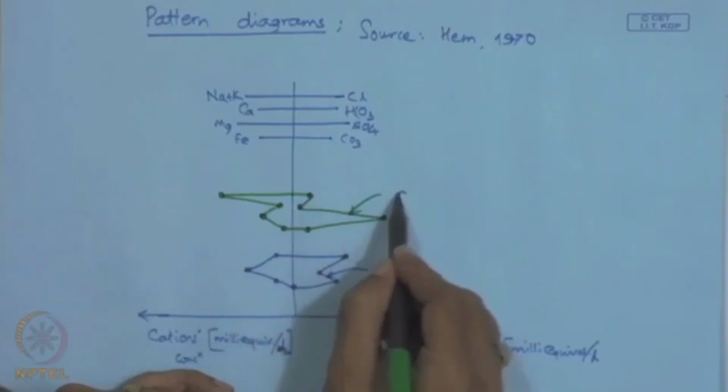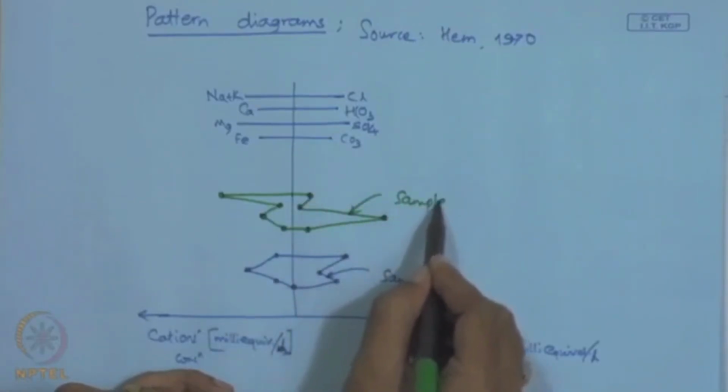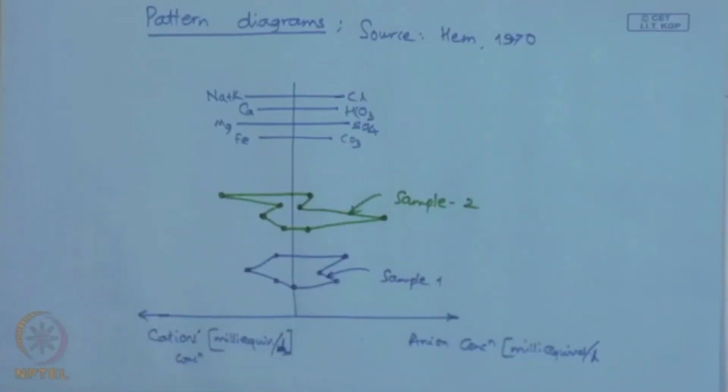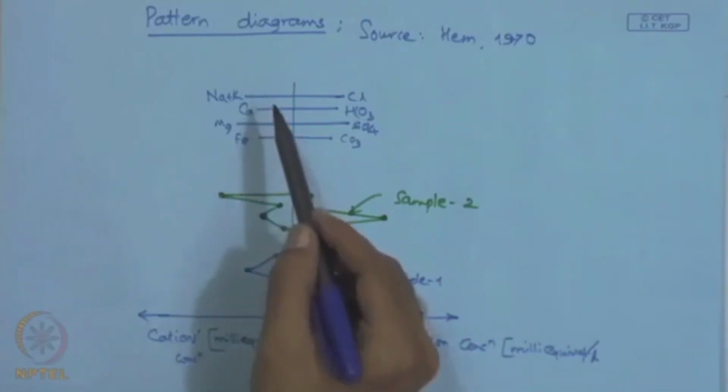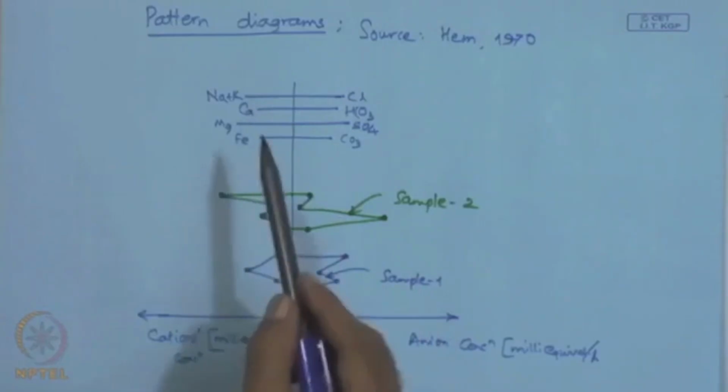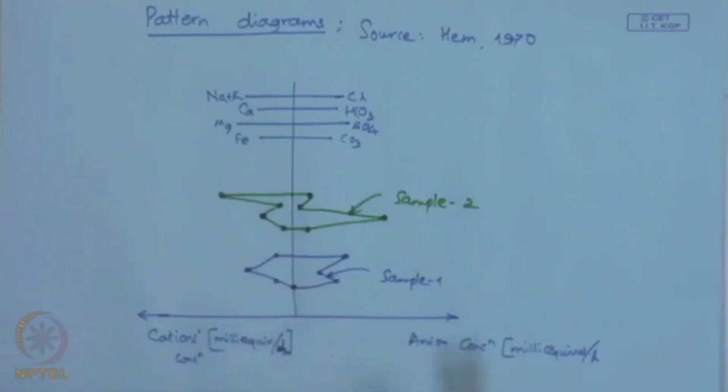So this represents sample 2, and so on. Like this, the lengths indicate maybe 10, 20 and so on.